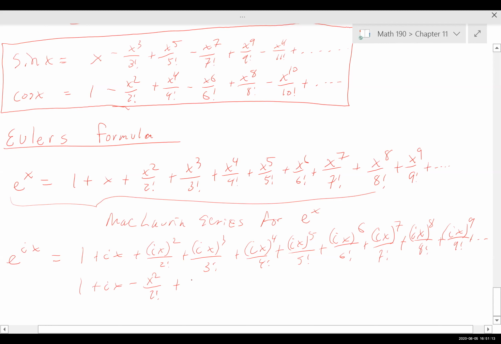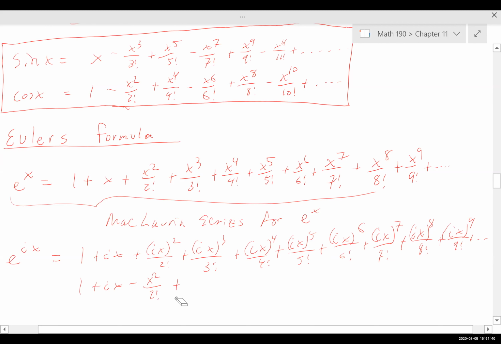If you were to simplify i cubed, what's i cubed? Not negative 1. i cubed is negative 1 times i. Negative i, there we go. Thank you. Negative i, right?